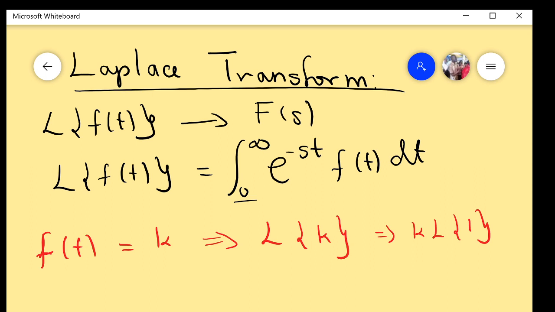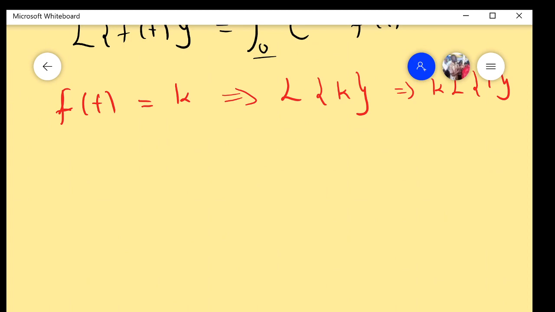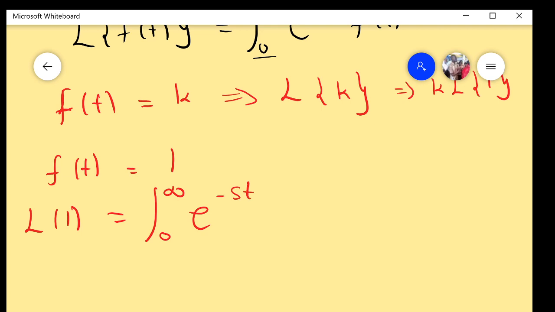So with something like this, let's take an example of a common function. Let's say f of t is equal to 1. I'll come back to k again. It means that I'm looking at the Laplace transform of 1, which is going to be the integral of e to the minus st, the function 1, dt.